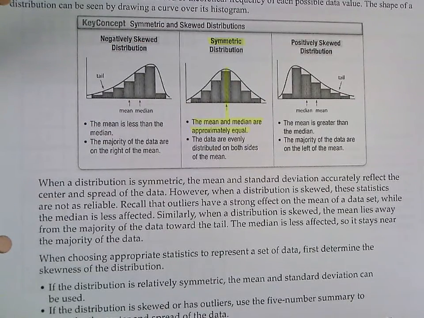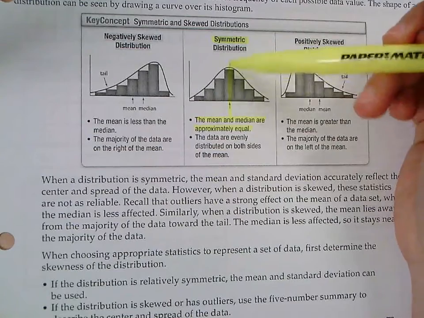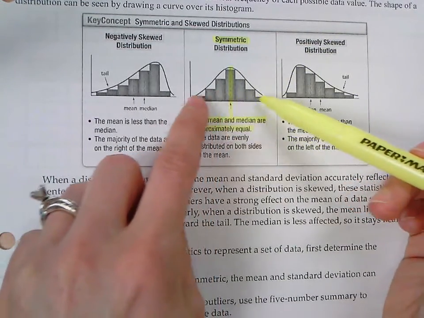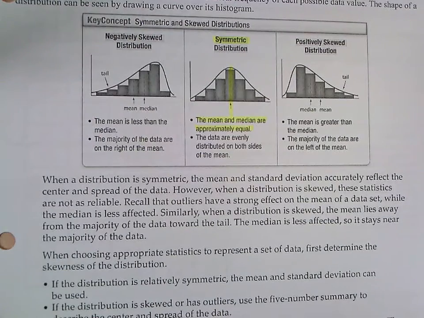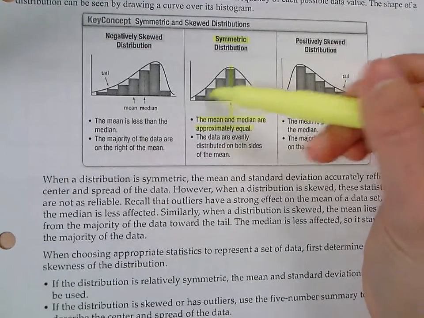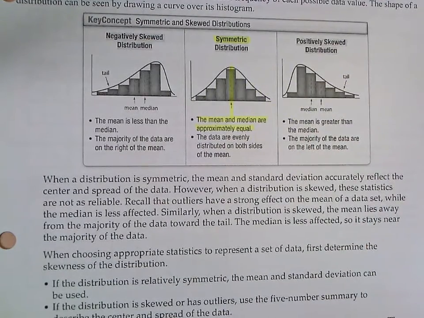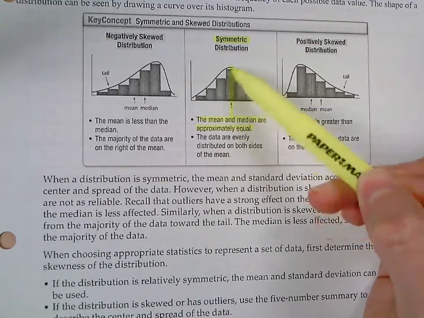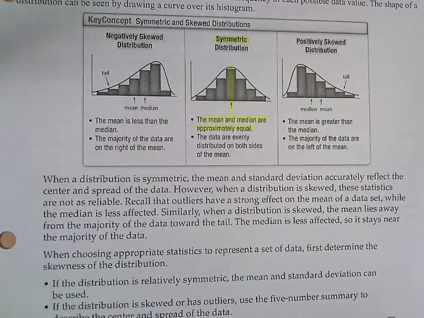You have most of your data in the middle, and the data on either side is approximately evenly distributed. It doesn't mean that in your histogram the bars on either side have to be the same height, but notice the bulk of your data is in that middle. Your mean and your median would be approximately equal in the middle.